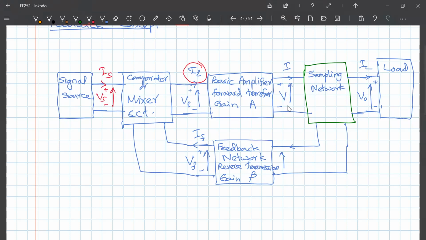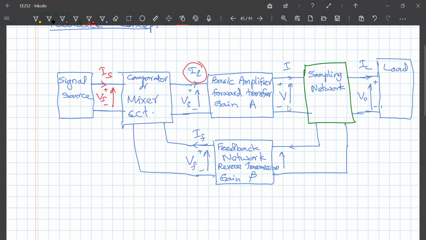Now what will happen is IF will be subtracted from IS to get II. Okay, if it's a voltage mixer, then VI will be equal to VS minus VF, not VS plus VF. So that is the important thing. So this is a negative feedback. It will be reducing the input that was originally coming from the source based on the output. Okay, part of the input will be reduced. So that is called negative feedback.